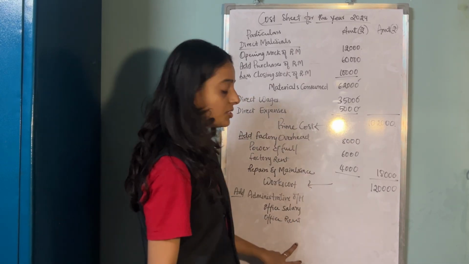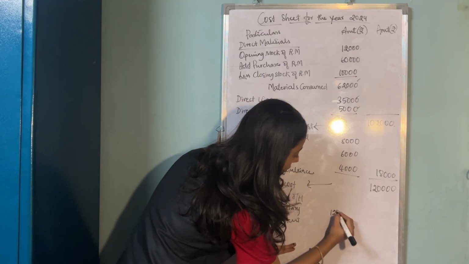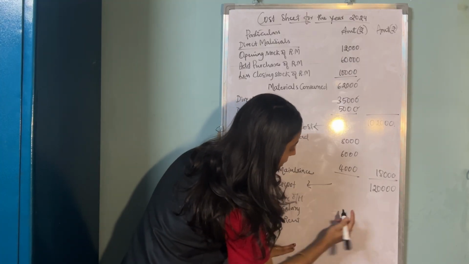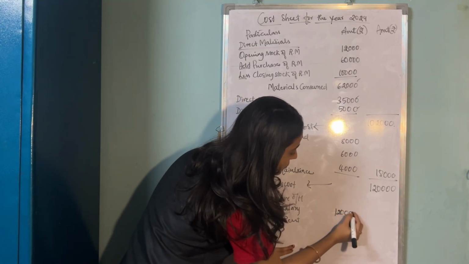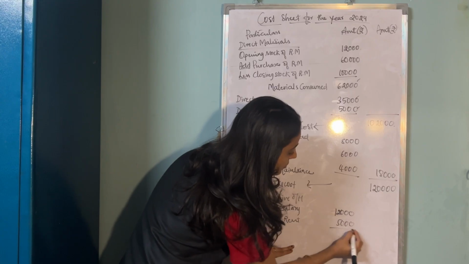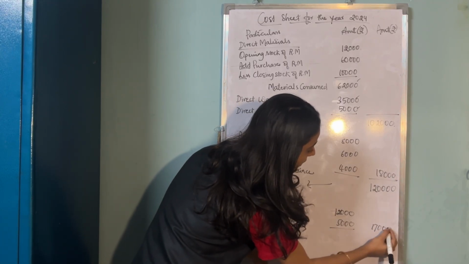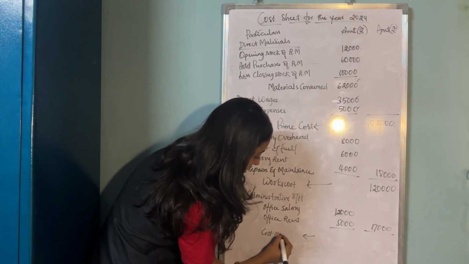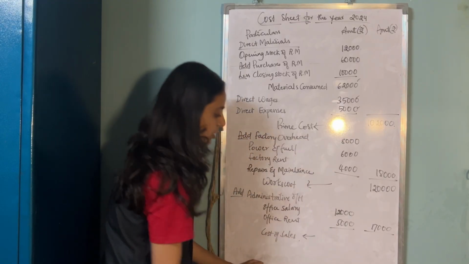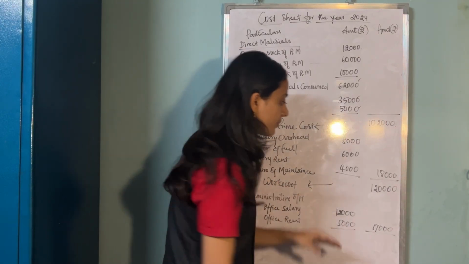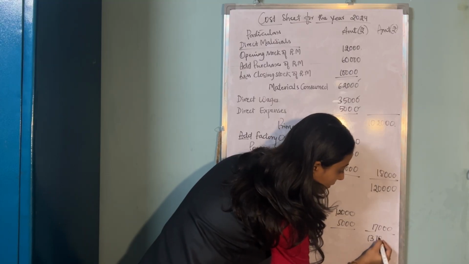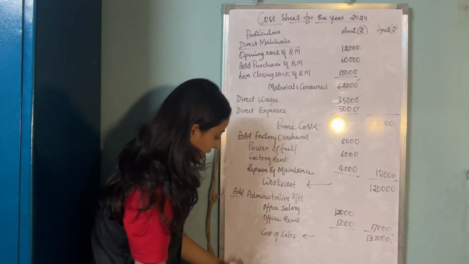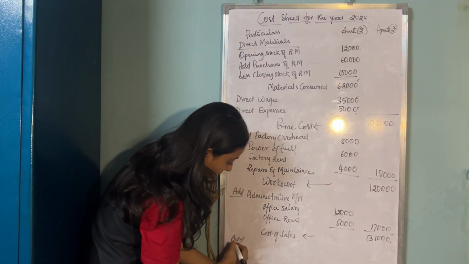Amount of each is 12,000, 5,000, totals to 17,000. So cost of sales is how much? 1,37,000. Fine.